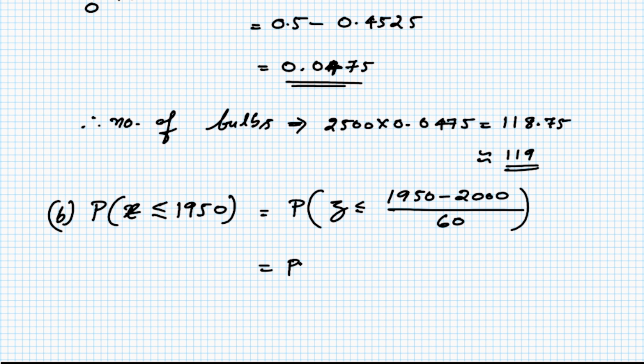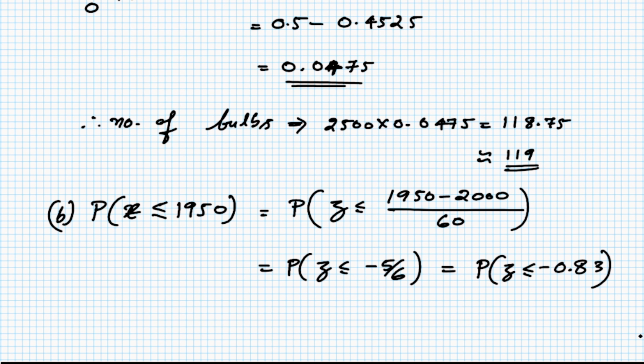So that means I'm supposed to find out the probability Z less than or equal to minus 50 by 60. So minus of maybe 5 by 6, which is approximately minus 0.83, I guess. Approximate value 82 something or 83 something close to this you get, you consider that.